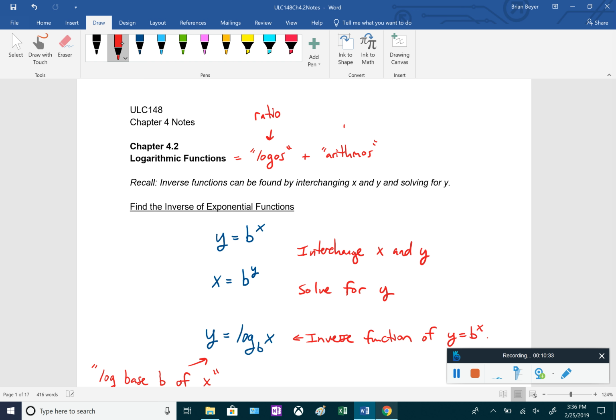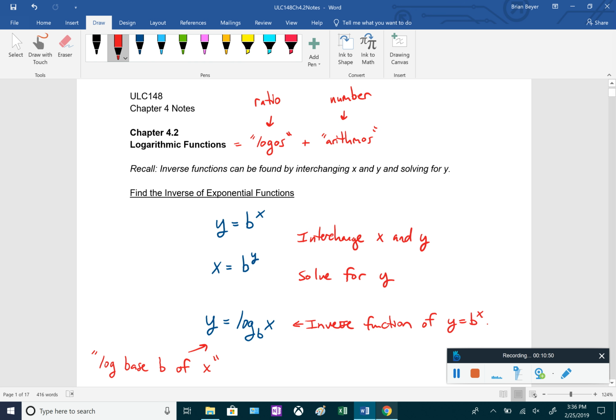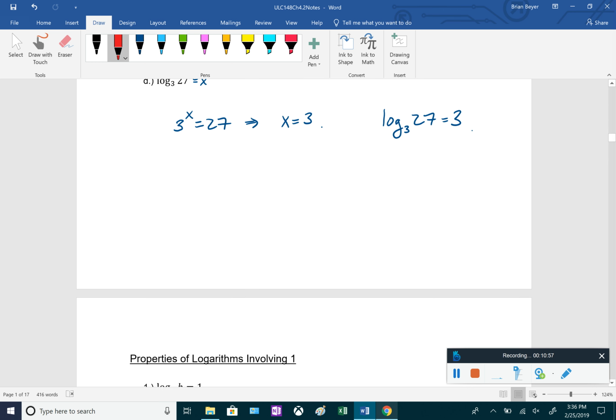Arithmos is number. So it's literally a ratio number. What that's kind of saying is that it is an exponent. It's telling you what the base is being raised to. It's telling us how many times we're multiplying a number by itself. So that's kind of the reasoning for its name. But it just kind of came to my head real quick randomly, so I figured I would mention it.